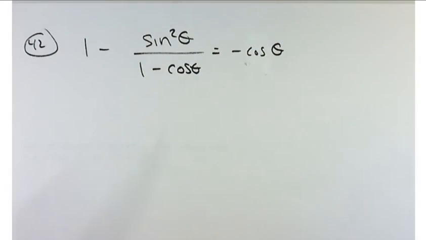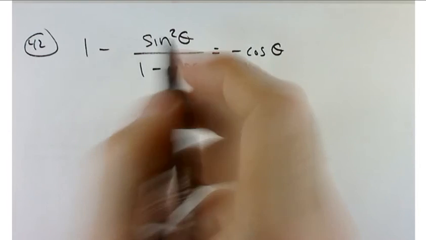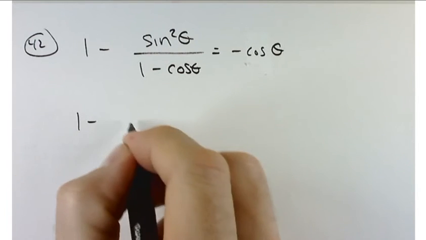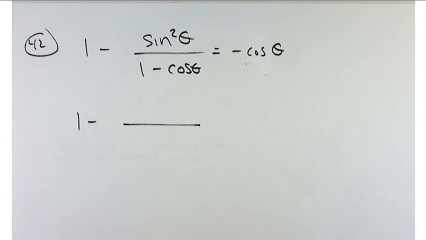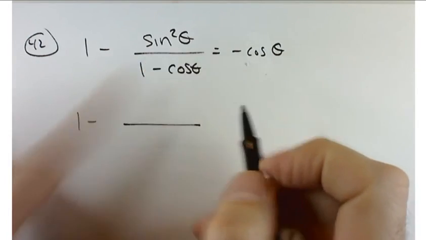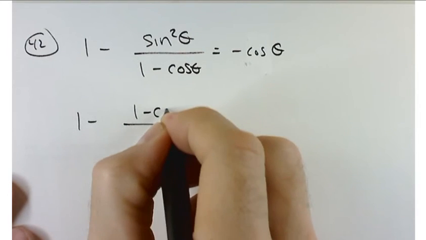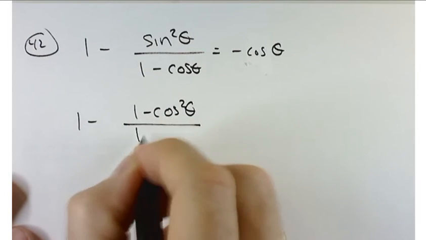Now, I think you had a suggestion last time at the start of this, Vivek. What if we replaced sine squared of theta? This is screaming out the Pythagorean theorem. Let's start by using the Pythagorean theorem. So instead of sine squared of theta, I can write that as 1 minus cosine squared of theta, like this.